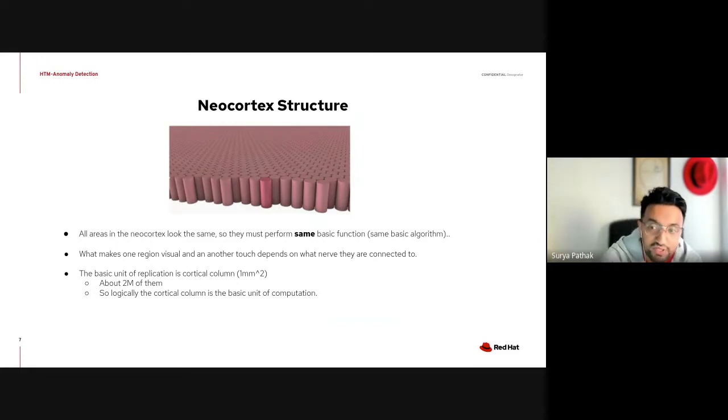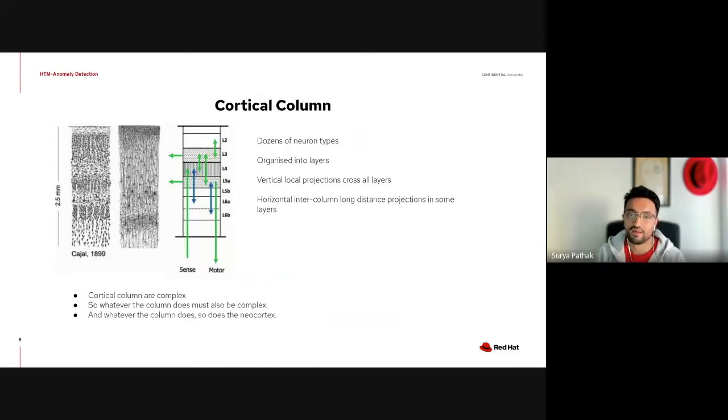If you move deeper into the cortical column, we can see thousands of neurons here. And we can also see different layers of neurons. This is the real image of a cortical column, where we have different layers of neurons. Basically, a cortical column has different layers of neurons arranged in different mini columns.